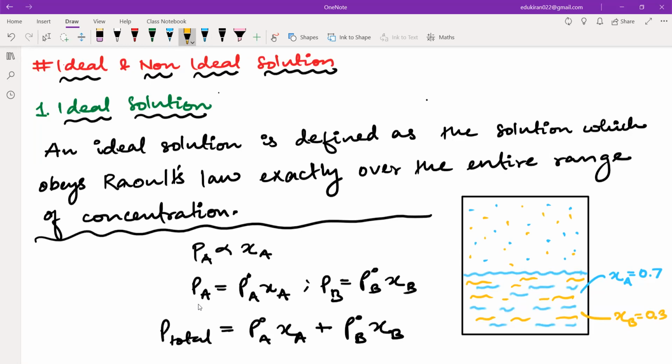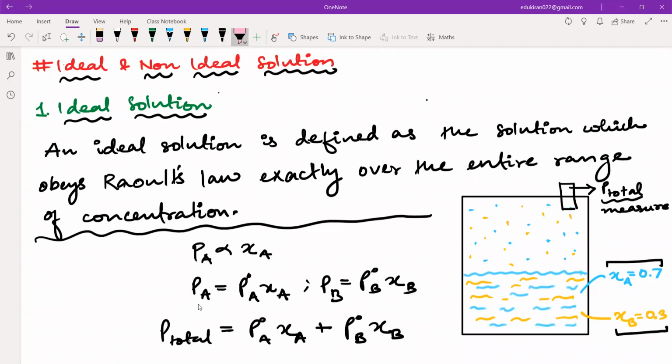Concentration, we know it. Now what we can do, we can also add a manometer or barometer here, and this will tell me the total pressure. Here you will be getting the total pressure, not the partial pressure. So P total we can measure. Mole fraction of A and mole fraction of B are the two things we have decided, and then we prepared the solution.